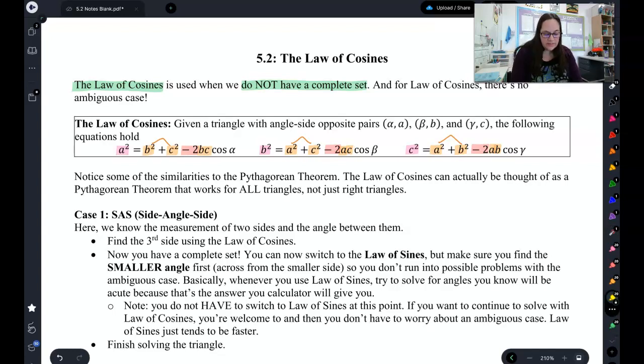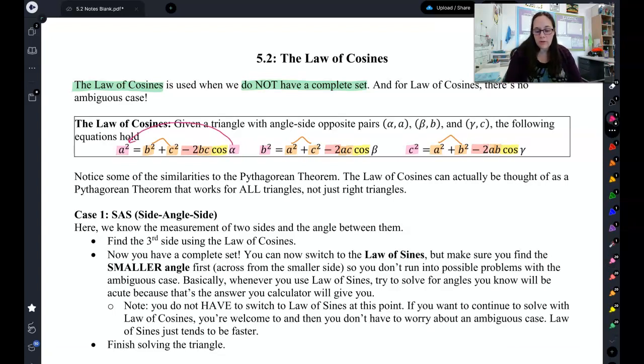Next, we always have cosine, because it is the law of cosines. And then finally, the angle that you end with is the angle paired with the side you started with.